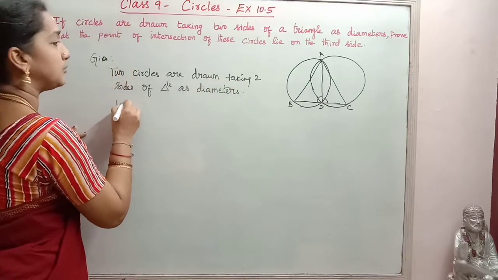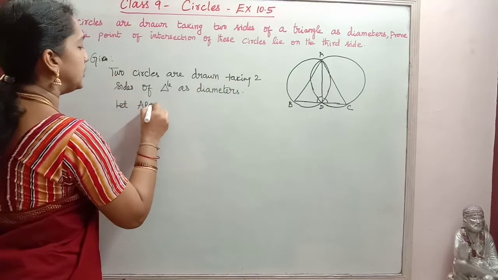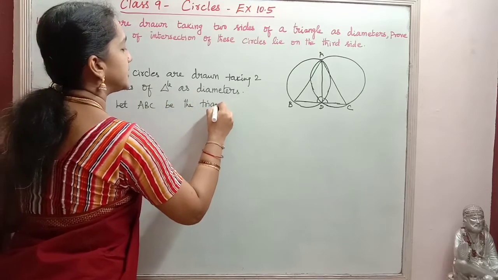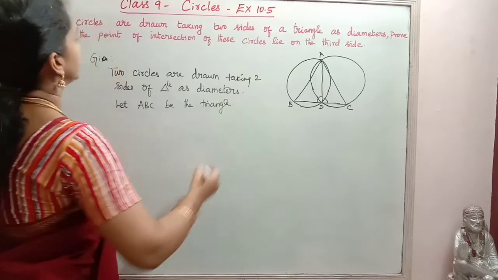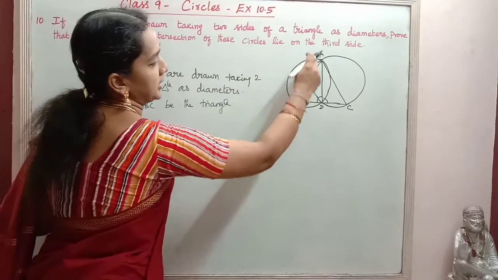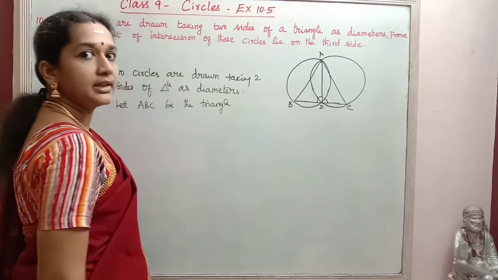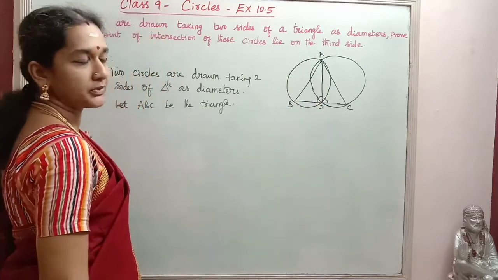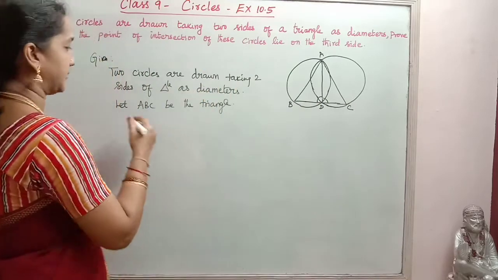So let ABC be the triangle. The point of intersection of these circles: A is a point of intersection, and D is also a point of intersection. It lies on the third side.